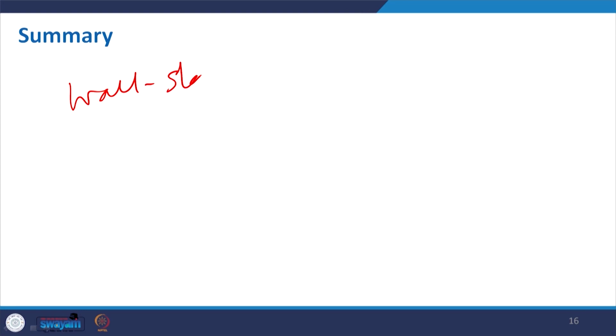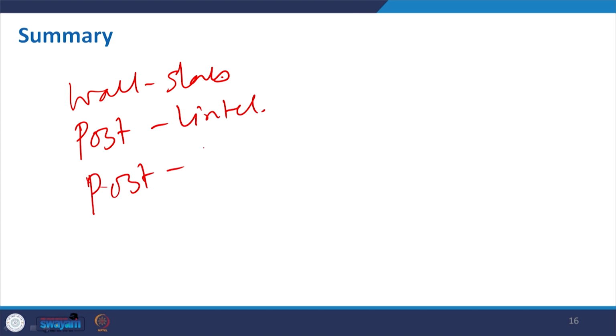So, that is all for this particular lecture. It was brief, but we got to know some of the basic arrangements. We started with wall slab, and then we have post lintel, then we have post slab, and I have shown you some images, like some construction images randomly picked up, some existing buildings, some good architecture examples.